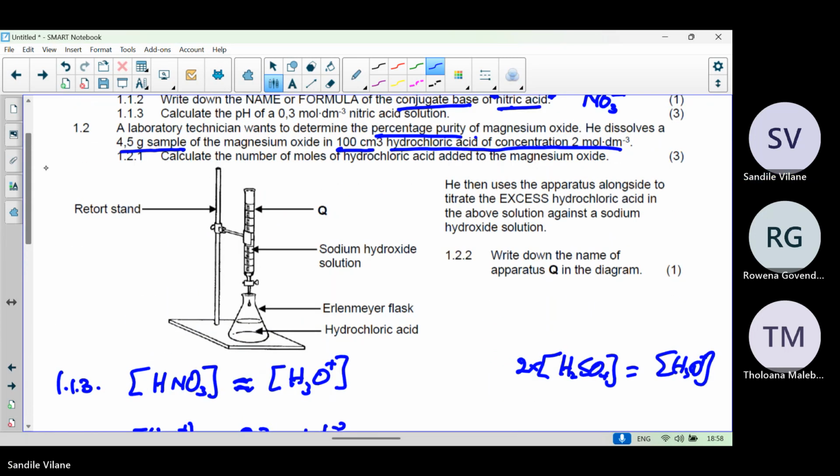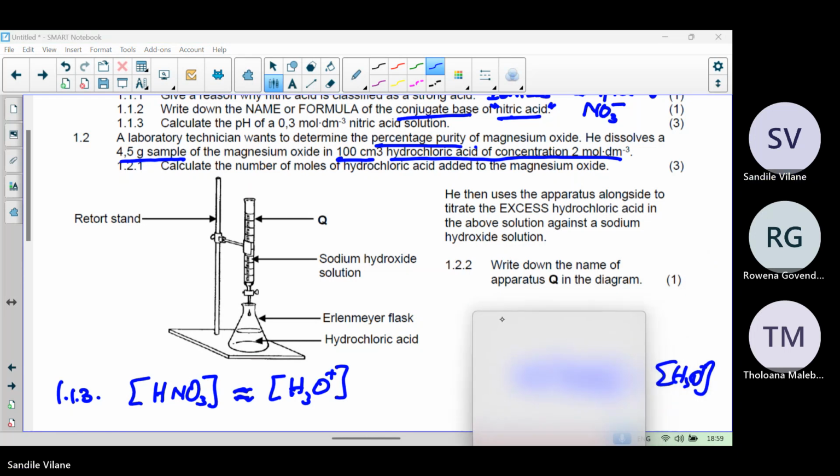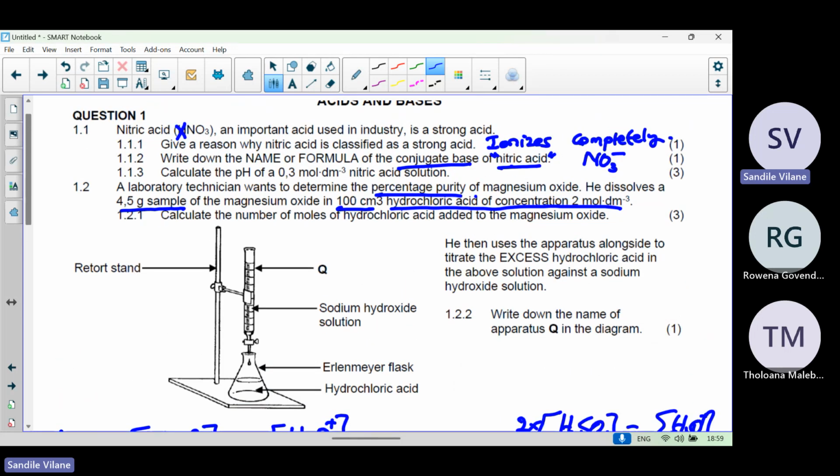Now, these are the initial number of moles. He then uses the apparatus alongside to titrate the excess hydrochloric acid in the above solution against sodium hydroxide solution. There are 2 things that they are mentioning to you. It's a 2-step process if you are reading carefully.